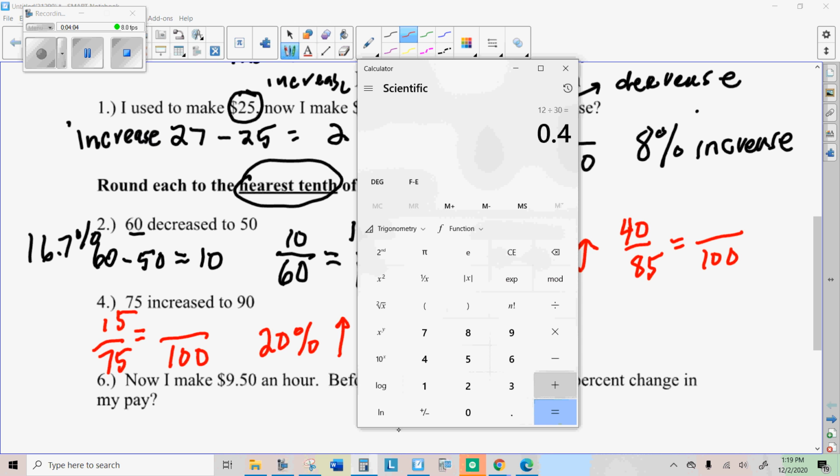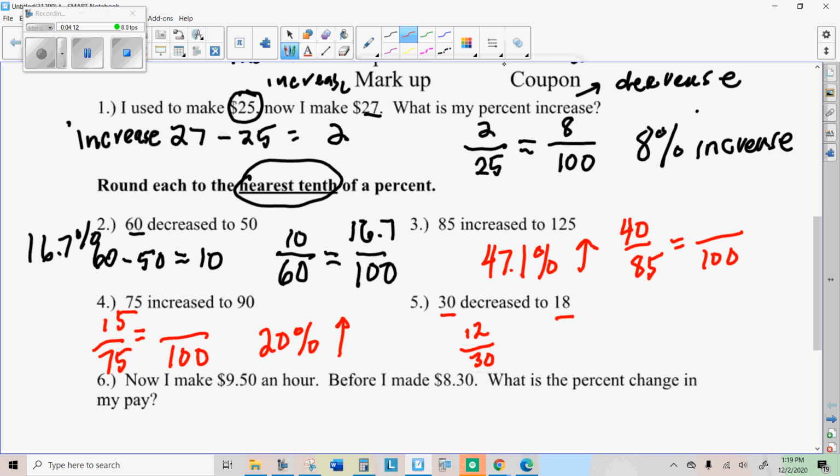And then in my head, I'll move the decimal over 2 places to change it to a percent, which mathematically is multiplied by 100. So now that you guys are used to changing decimals into percent from the problems we just did, I'm going to put a 0 here so I can move it over 2 places. You can go ahead and use that shortcut if you like.